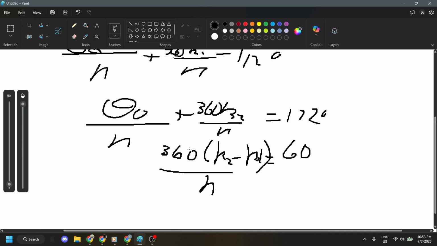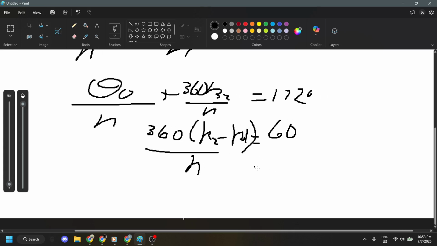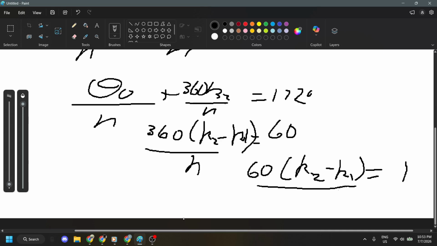So the difference of k2 and k1 over n times 360 has to equal 60. So dividing by 60 on both sides, we get 60 k2 minus k1 is equal to 1 over n.